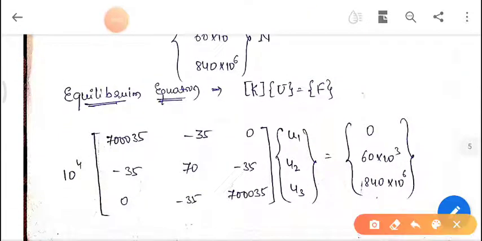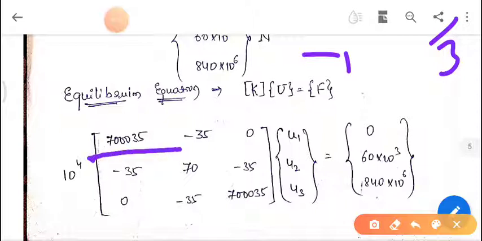Here we need to find the reaction forces at the supports only, because reaction occurs at the supports. Since node 1 and node 3 are fixed, we need to find the reaction at node 1 and node 3. Here these elements are for node 1 and these elements are for node 3.